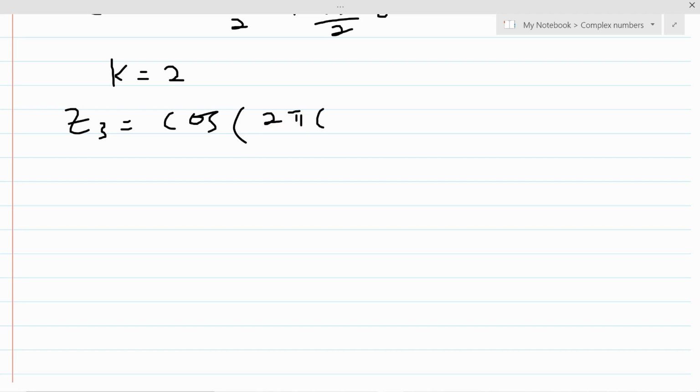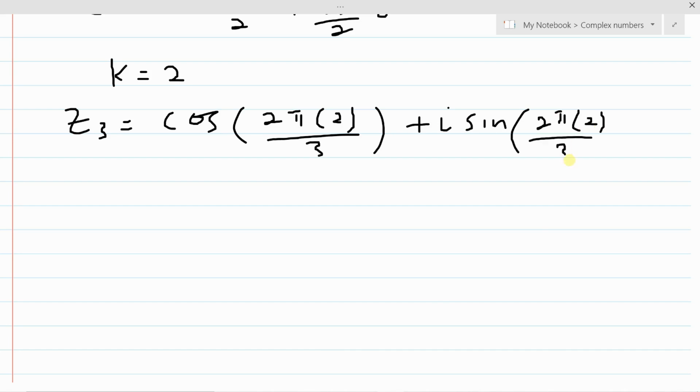So let me put it there: 2 pi over 3, then plus i sine 2 pi into 2 all over 3. Then this will be equal to 4 times 60, which is 240. So it becomes cos of 240.